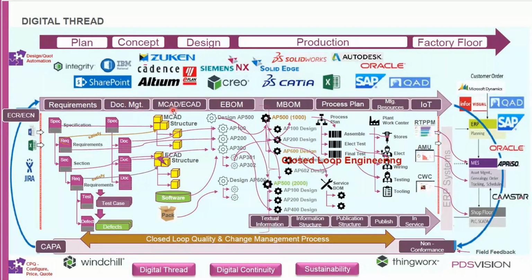And as we progress along, you'll see that obviously there's more and more information that is required, right? We're not only managing the design, the digital twin, but we're managing the part definition of how they are put together.